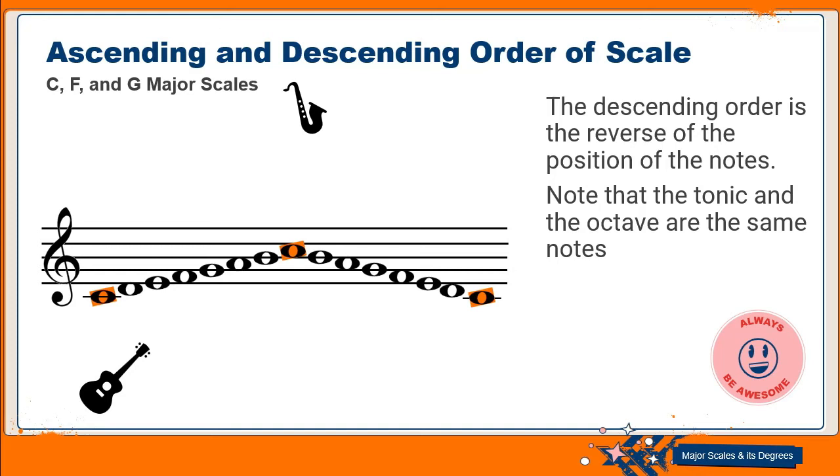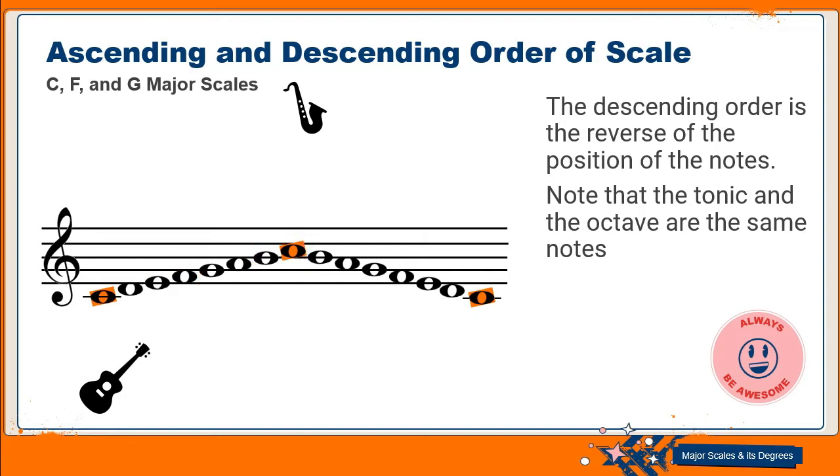Because we are using the C major scale in this very first example, you observe that we do not make use of any of the accidentals, because naturally for the C major scale, between the E and F, which is the third and fourth, and between the B and C, which is the seventh and eighth note, is a semitone. So it's very clear that between those notes there is no need for any accidental.